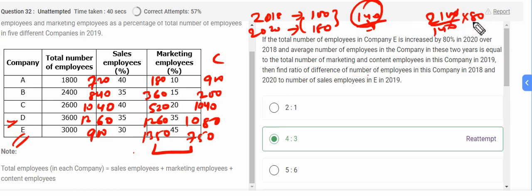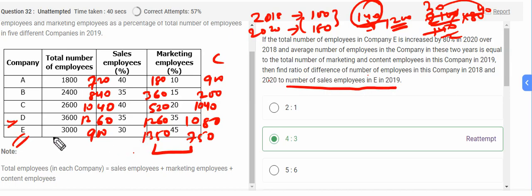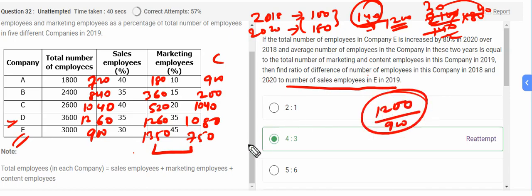So it comes down to 1200, and number of sales employee in E in 2019 was 900. So we'll have to take the ratio now, 1200 over 900. So the ratio comes down to 4:3.